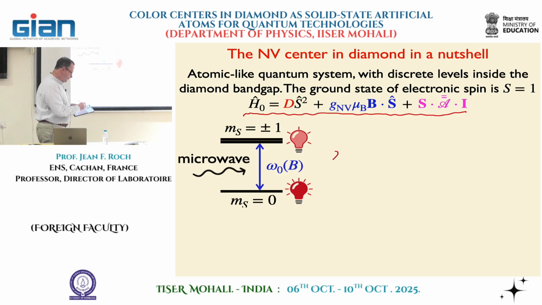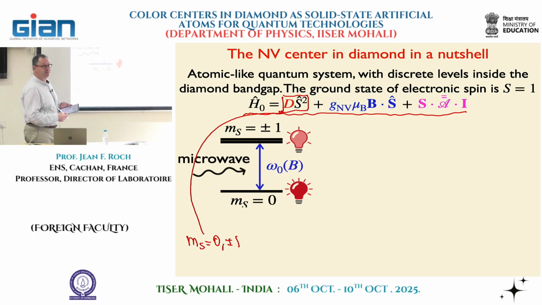Okay, so if we first consider the first term here, you see that if I write it in the basis of the states ms equal 0 and plus minus 1, we will have this structure.